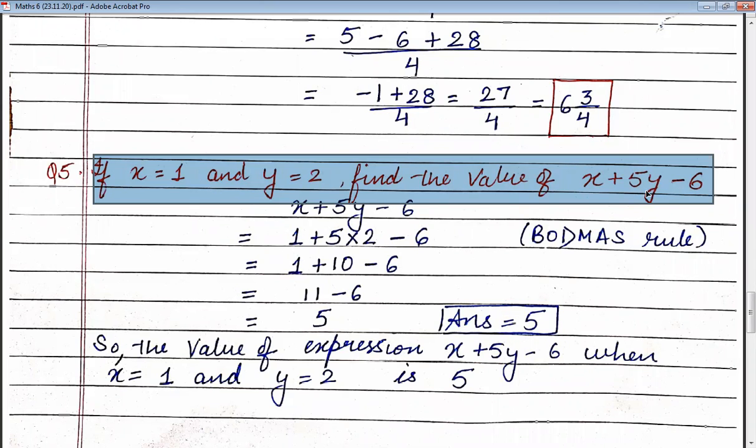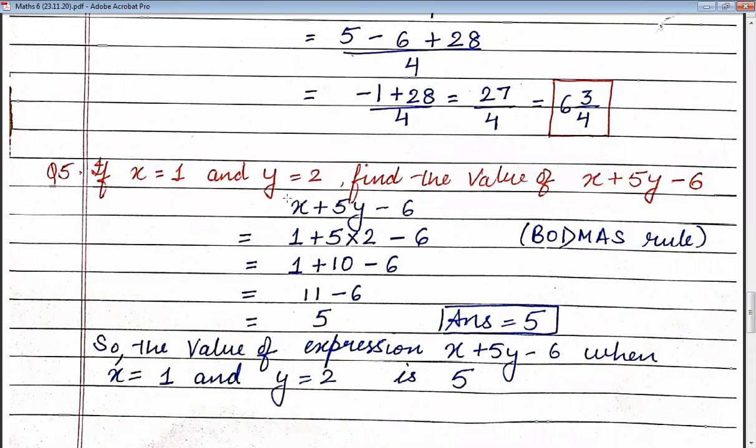Now children, you can easily see that there are two variables in this expression, that is x and y, and we have two separate values, that is 1 and 2. Now let us substitute the values one by one.